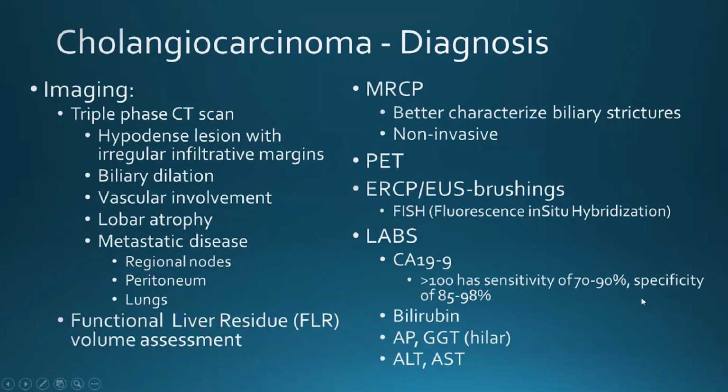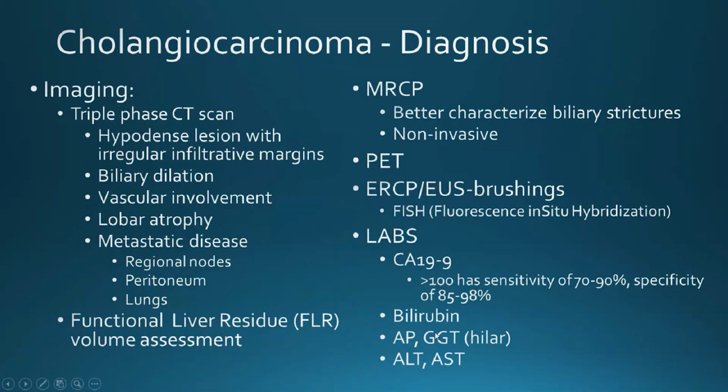Of course, we also have to be careful that CA19-9 can go up in inflammatory diseases of the biliary system, even with obstructive jaundice because of stones or other benign strictures, in PSC patients, or sometimes in some autoimmune diseases in the hilum of the liver, like autoimmune disease of the biliary system.